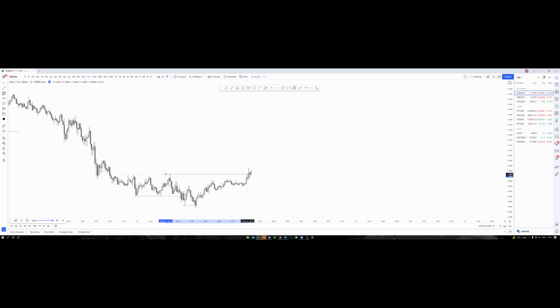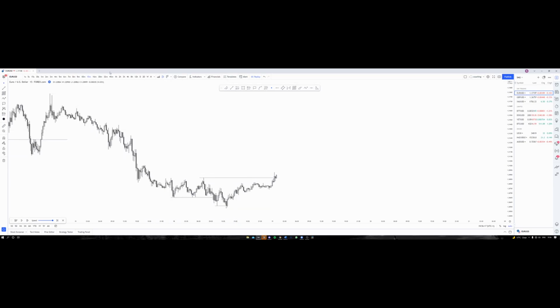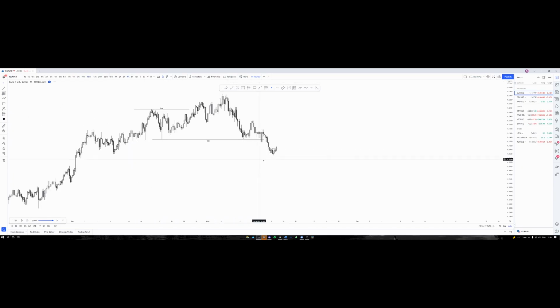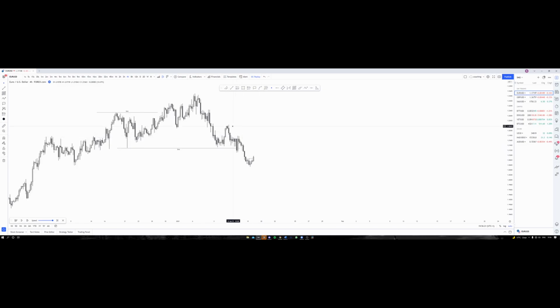So now we can start looking again just overall at the 4-hour picture. Does it make sense? Where does it make sense to come up to at the moment? And if we're looking at the 4-hour, we've got another break of the high here, right? And we've got a break of a low here, down.